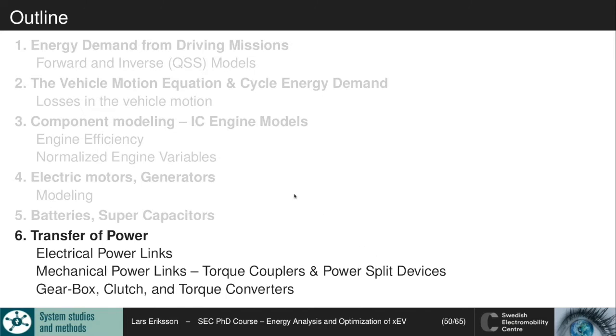So now we have talked about the mechanical parts and we have talked about the electrical parts. But to get all these systems to work together, we need to be able to transfer power back and forth. So we have electrical power links, we have mechanical power links, and we have gearboxes that we are using to match speeds so that they are going into the right domain and right operation region for different components.